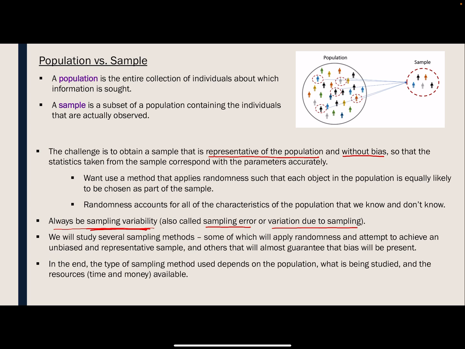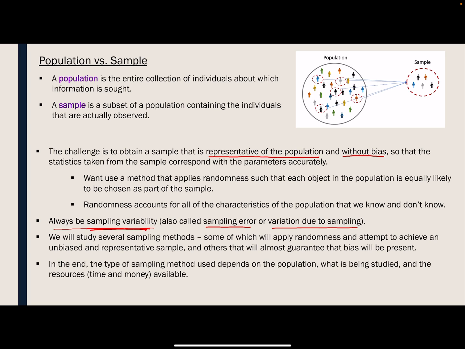So we're going to study several different sampling methods that will apply randomness in an attempt to achieve these unbiased and representative samples. And then we'll also talk about a couple of other sampling methods that are quote-unquote bad because they will every time have bias involved.